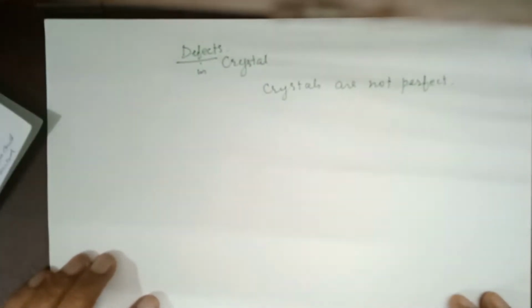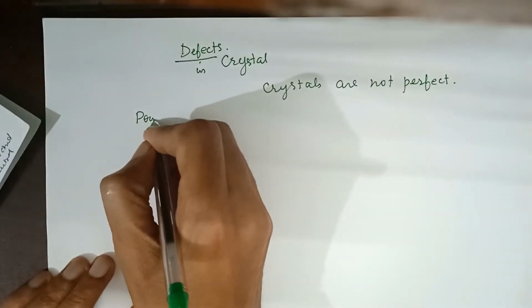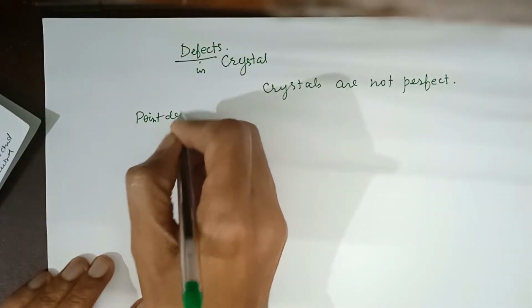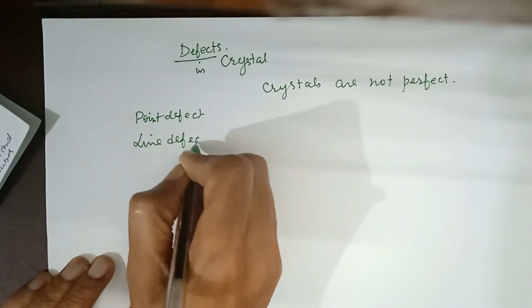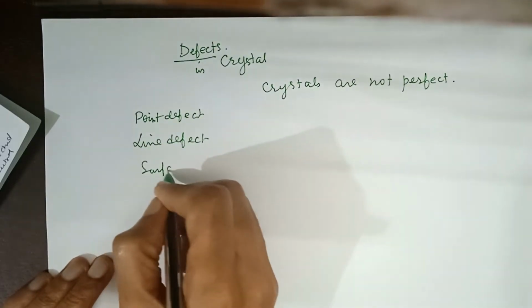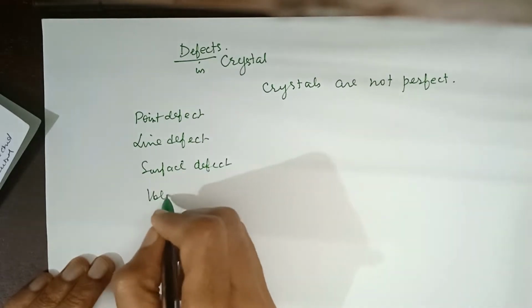There are some defects, some impurities, imperfections in crystalline solids, and they are of four types, namely point defect, line defect, surface defects, and volume defects.